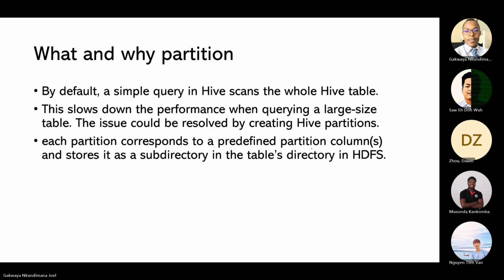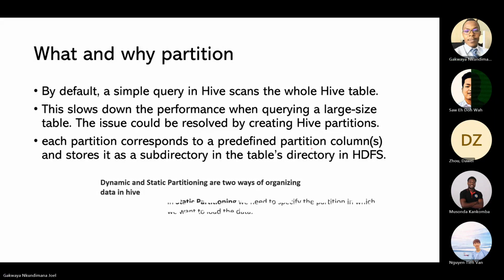Okay. So there are two ways to organize the data in Hive. Number one, we can do it by partitioning: static partition. Key important here: static partition means a specified partition, in which you specify before where you want the data to go.